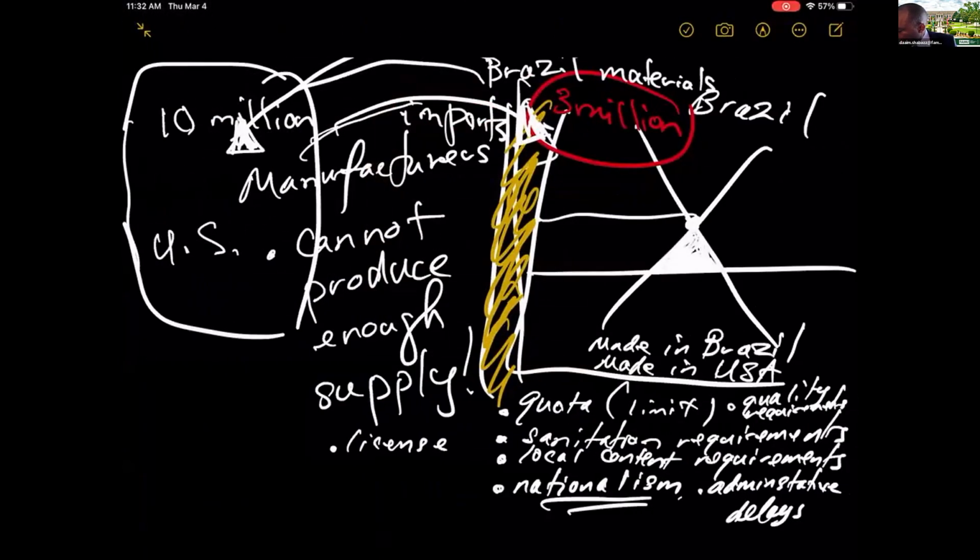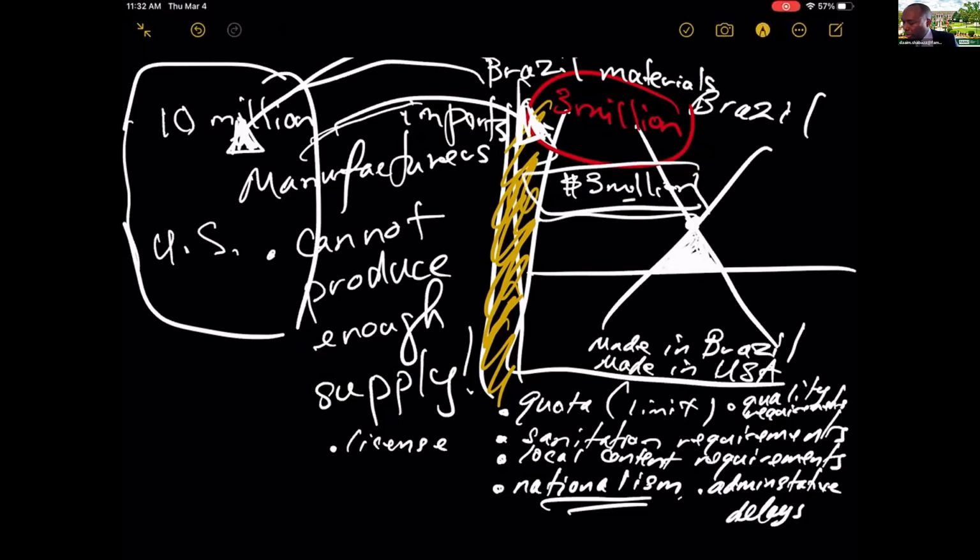So if this is a dollar a unit, this would be equivalent to 3 million. So ad valorem means that if it's $3 million, then it's a percentage of the 3 million. So say if that's a 1% tax, then it's 1% of 3 million. So that's ad valorem. It's just a percentage of the value.